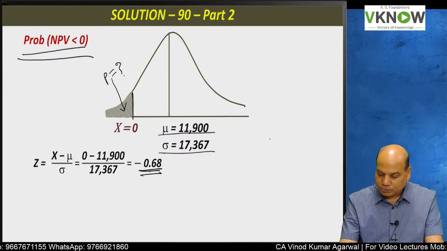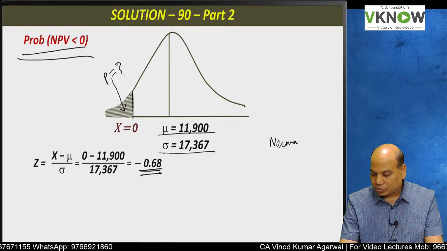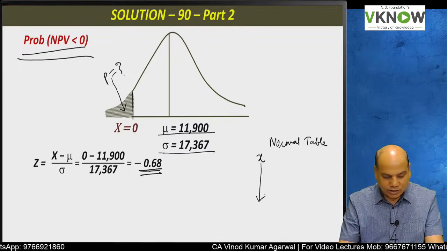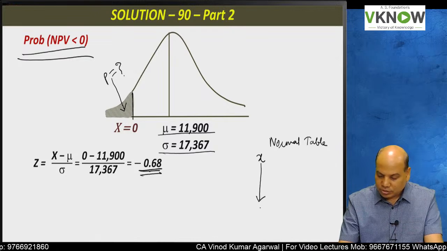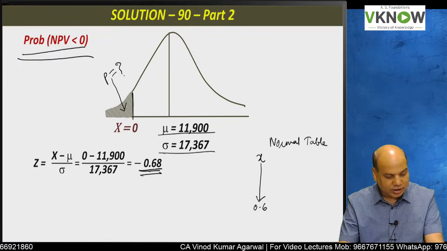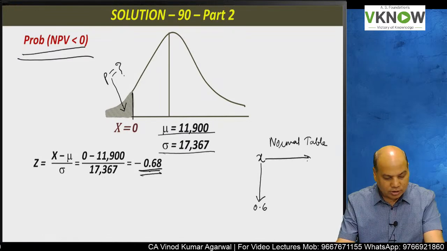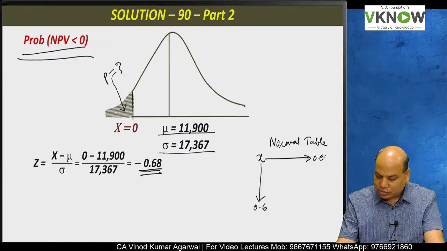Now go to the normal distribution table. First column is x. After 6 or 7 lines, you will find 0.6 written there in the first column, and then you move right side on the top. Towards the last second column, 0.08 is written.